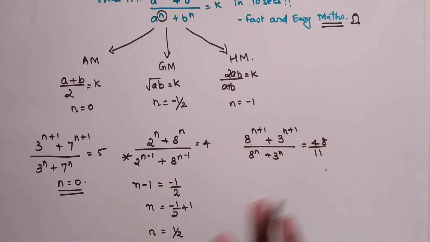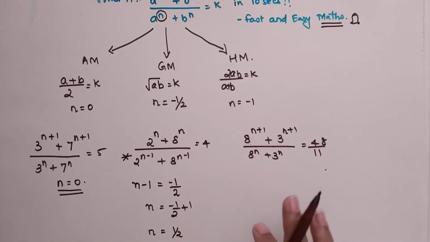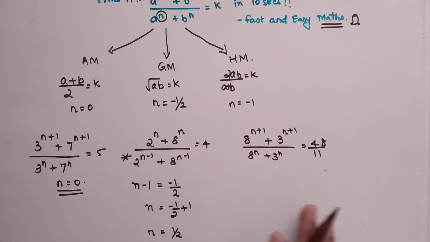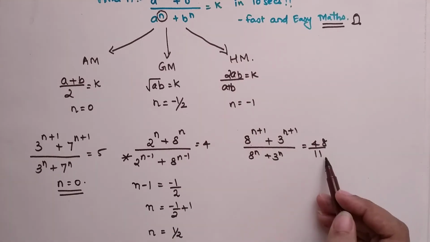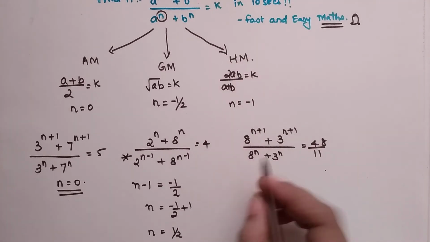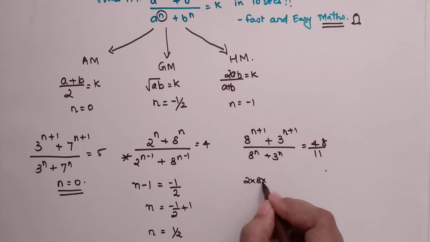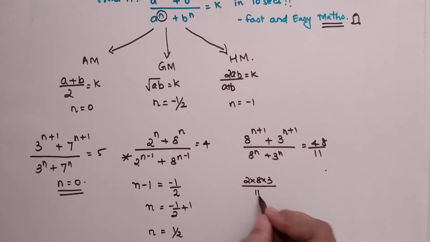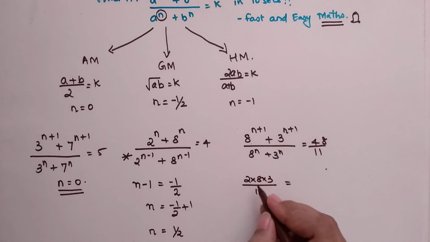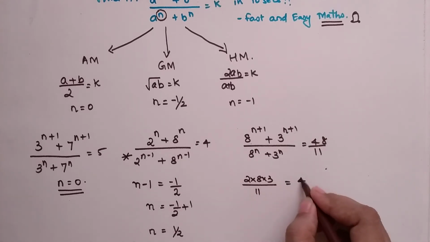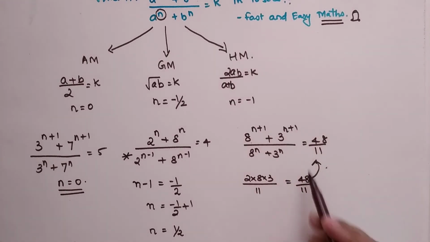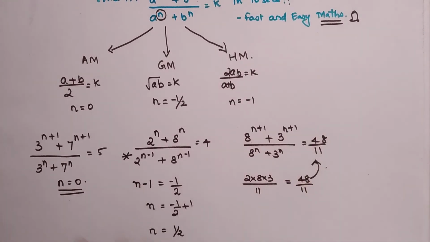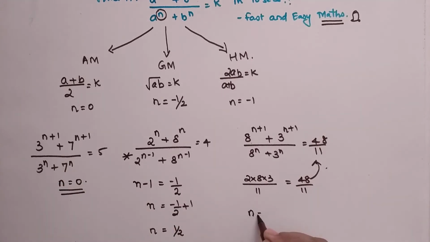So you can directly say n is minus 1, but since I'm explaining, we'll check whether 2ab upon a plus b actually gets you 48 upon 11. So 2ab means 2 into 8 into 3 upon a plus b, which is 11. 2 into 8 is 16, 16 into 3 is 48 upon 11, which is the value of k over here. So now I can directly say that n is equal to minus 1.